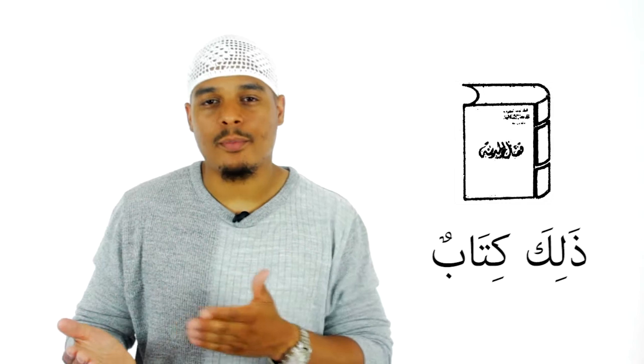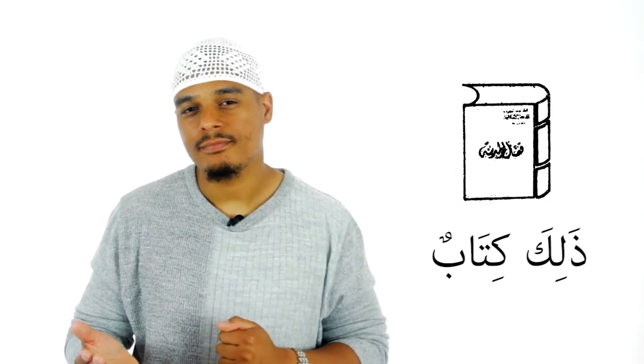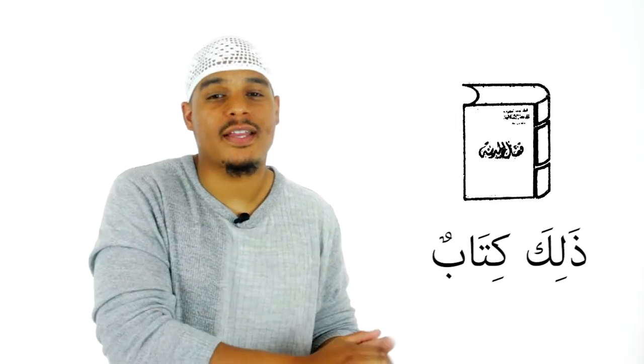It would be incorrect in Arabic to say ذلك كتاب. Can you guess why? As you probably already guessed, it is because the book, the musharun ilay, the thing that is being pointed to, is in close proximity to the speaker. And as we said, for هذا, this is fine.